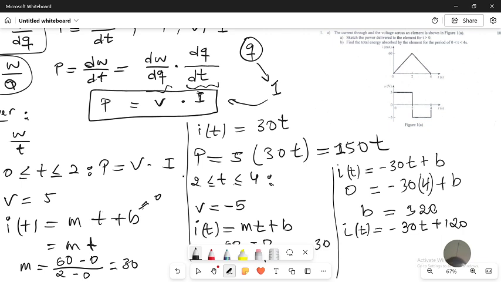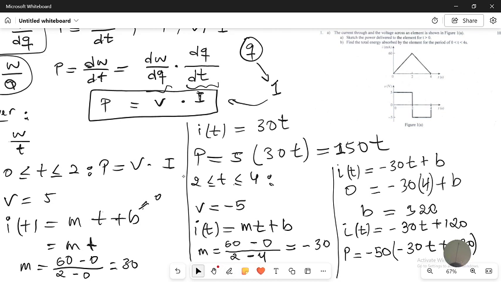Now I have the value of I and the value of V, so I can determine the value of P by using the same formula. P equals V multiplied by I. So my power is going to be V, which equals minus 5, multiplied by minus 30t plus 120.